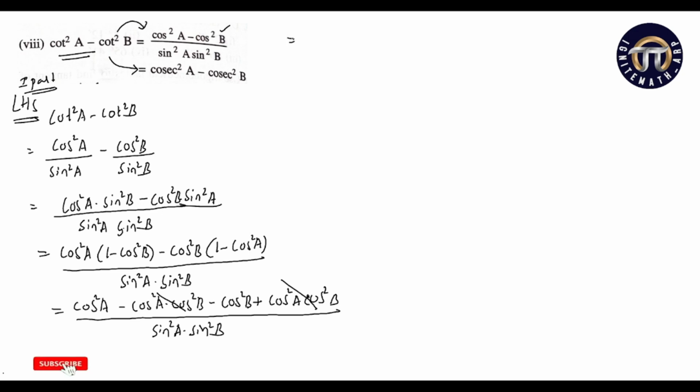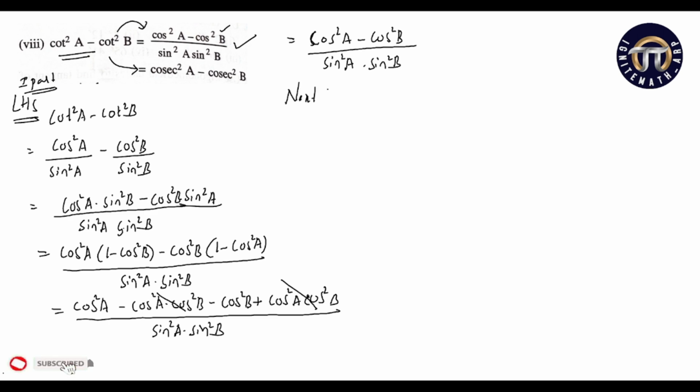So what am I left with, children? I am left with cos square A minus cos square B divided by sin square A into sin square B. So I have got this one.